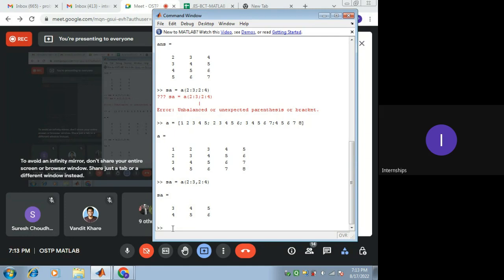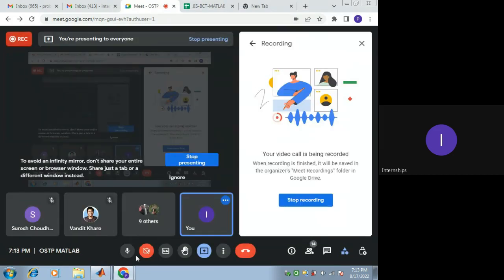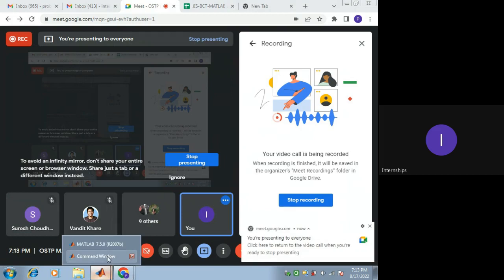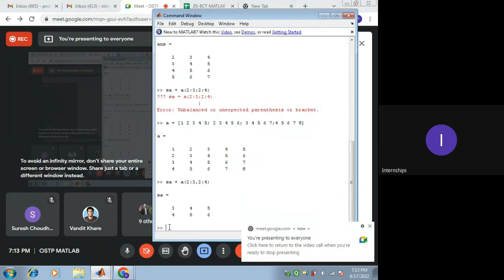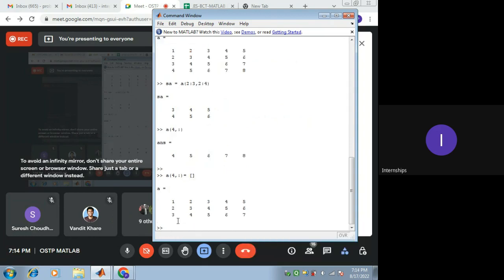And if we want to delete, suppose I am printing A(4,:) equal to empty, that means it will eliminate this fourth row. This fourth row is eliminated.